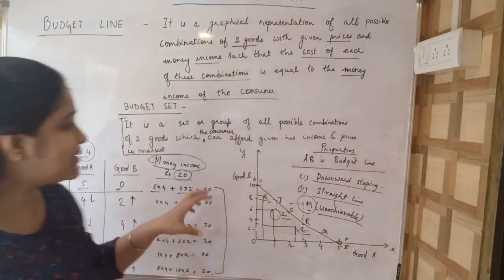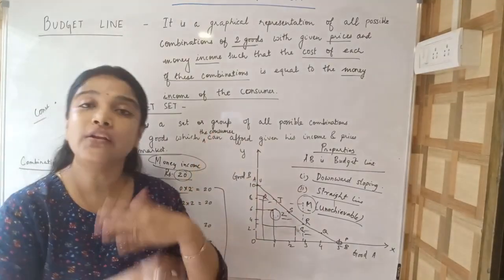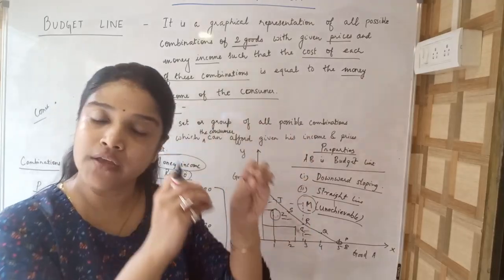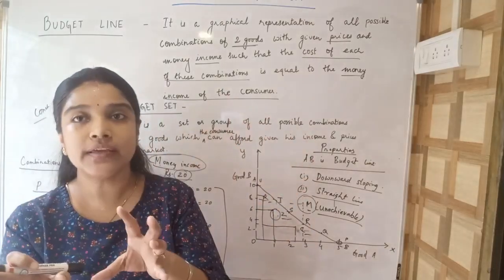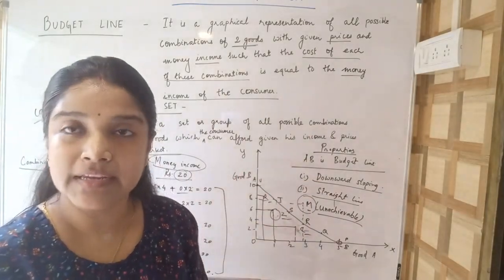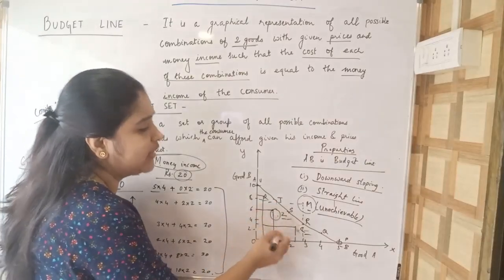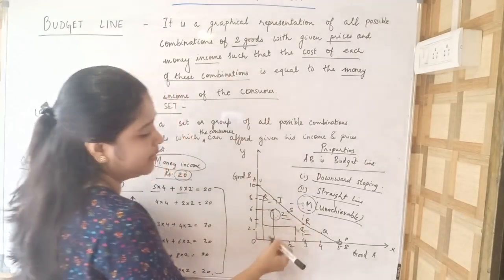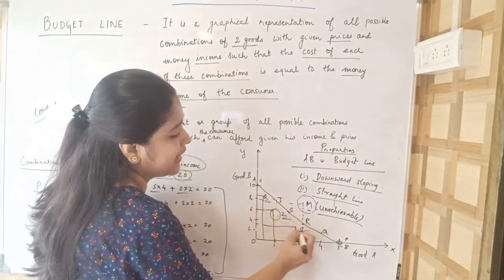But in the budget set we'll include all combinations, whether the cost is equal to the income, or it is not covering the entire money income but is fitting within the budget line, inside the budget line, like points Q, Z, C.